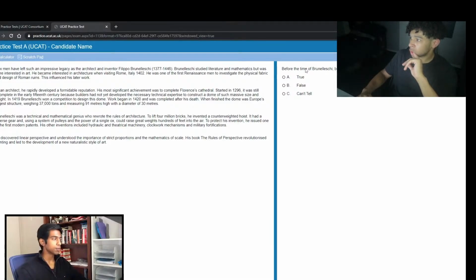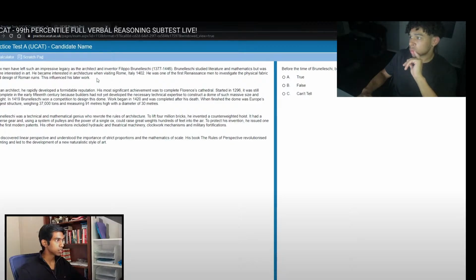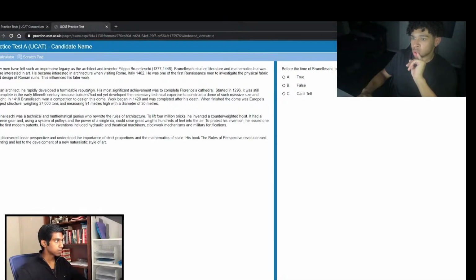Construct domes on churches is what I'm scanning for. It was still incomplete in the early 15th century because builders had not yet developed the necessary technology to construct a dome of such massive size.